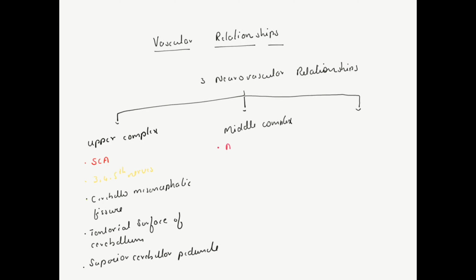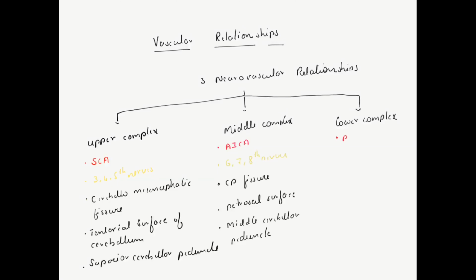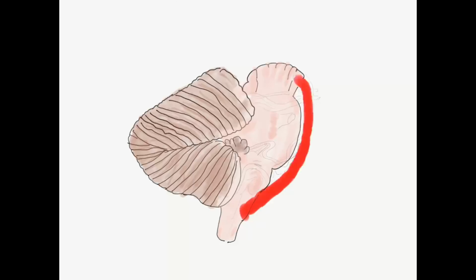The middle complex consists of ICA, 6th, 7th, 8th nerve complex, cerebellopontine fissure, petrosal surface, and middle cerebellar peduncle. The lower complex mainly has the posterior inferior cerebellar artery, 9, 10, 11, 12th nerves, cerebellomedullary fissure, suboccipital surface, and inferior cerebellar peduncle.